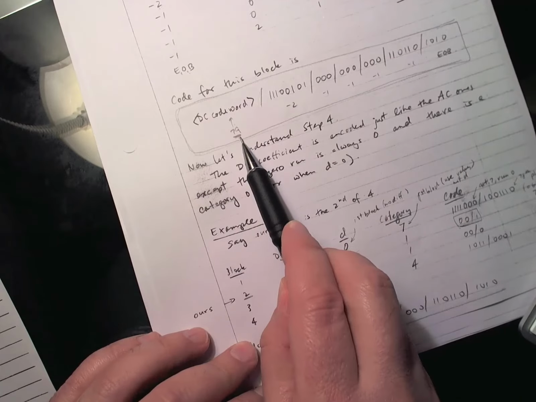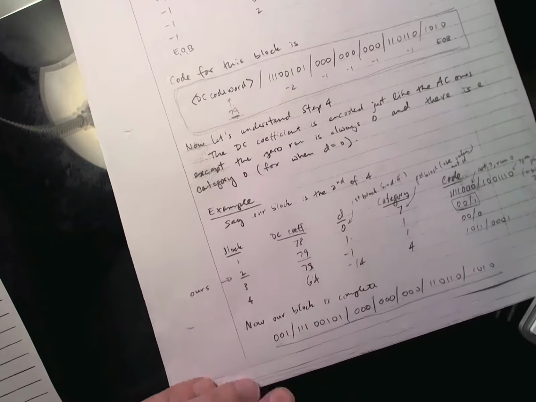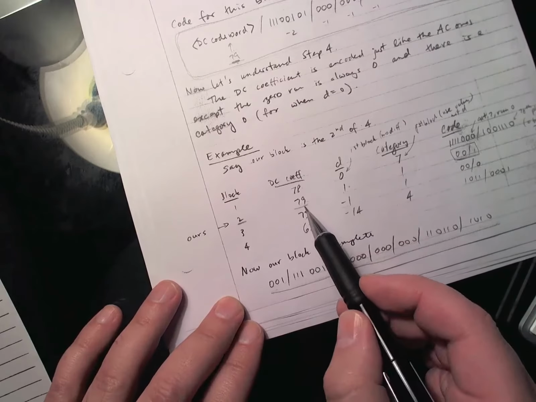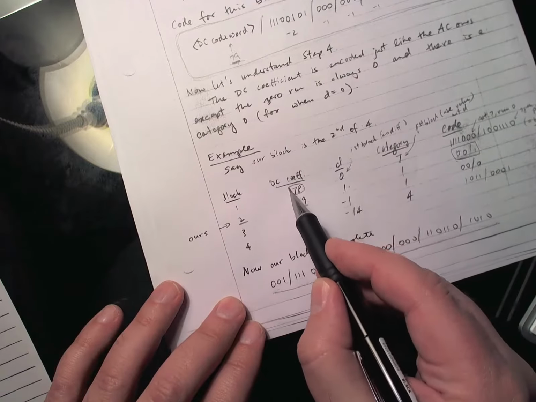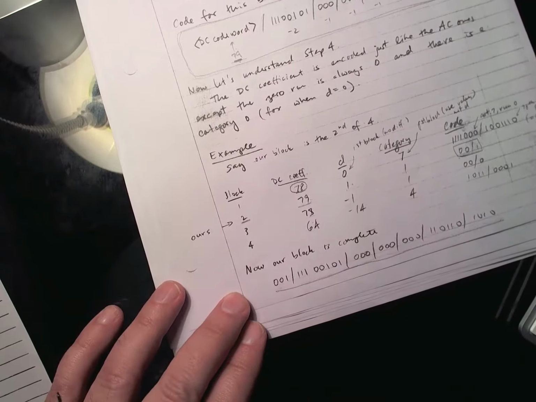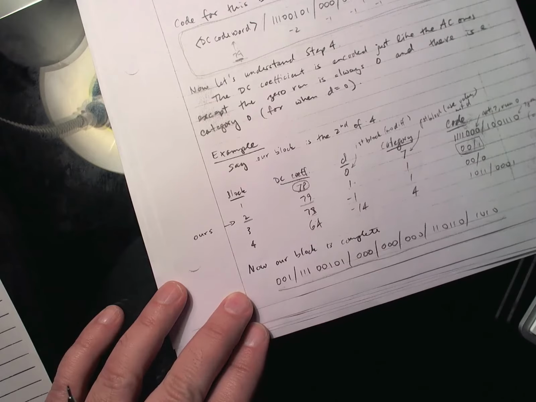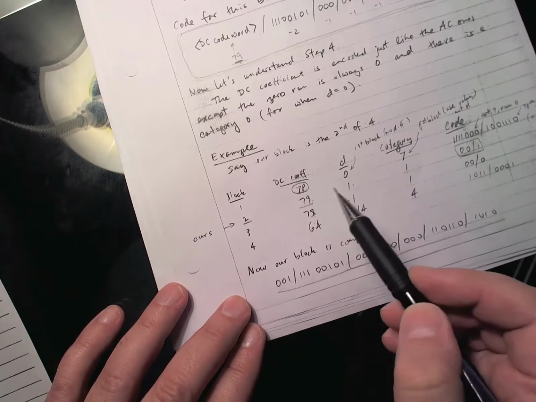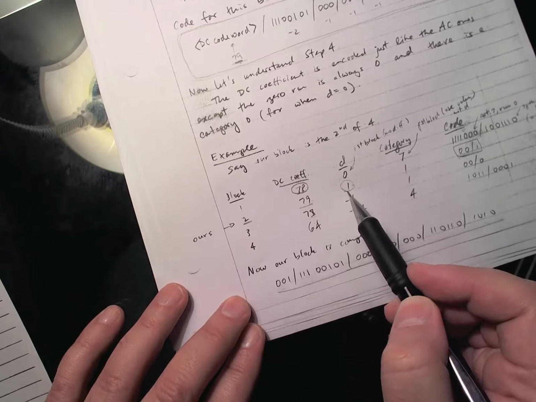The DC part at this point is still this number 79 that we don't like. It's too big. So what we do is we use this prediction idea. We look at the DC coefficient of the preceding block, the tile in the image just before the one we're looking at, and we use its value to predict the current one, and then use this number to correct the mistake.